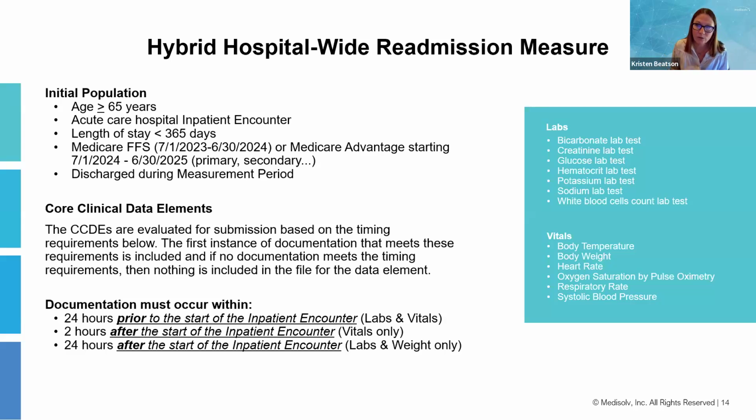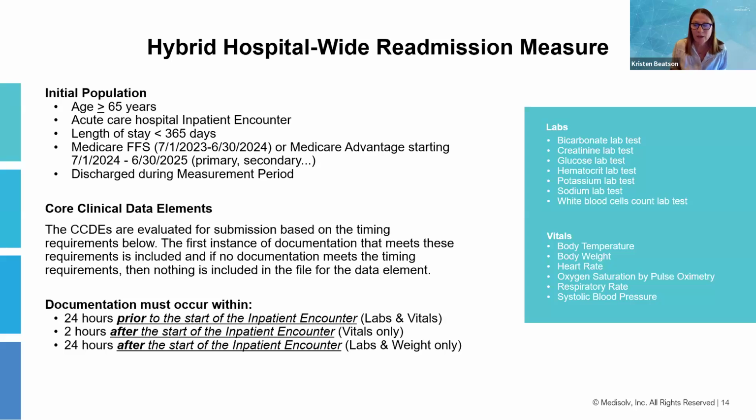And then also including patients that patients have to be discharged during the measurement period. So if a patient meets those qualifications, they will be in the initial population for this measure. And then the evaluation of CCDEs takes place. So identify the patient population, and then from those patients and encounters, evaluating whether or not those CCDEs were present.